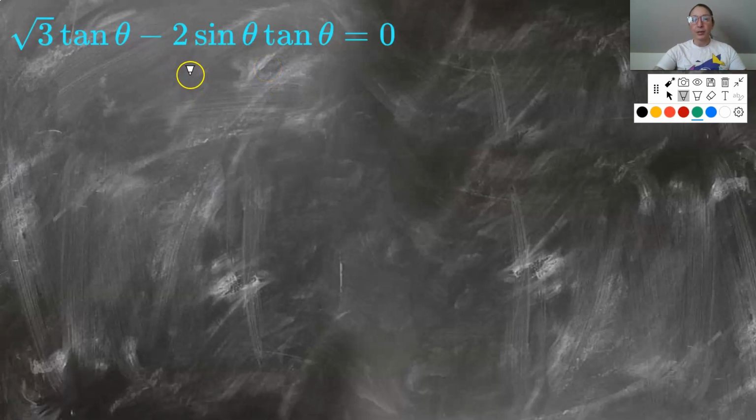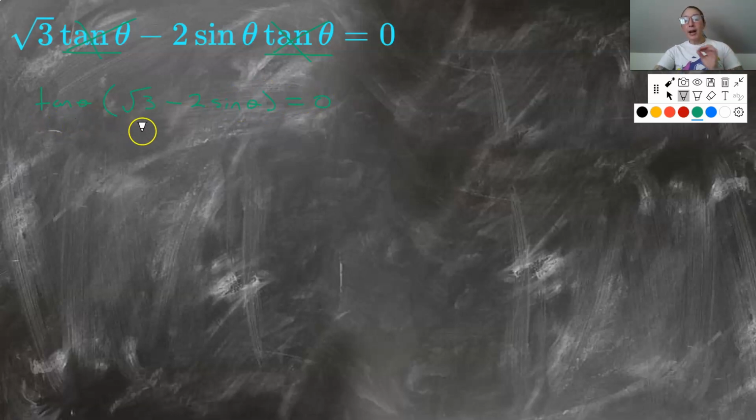But what I can do, I notice there's a tan theta in this term, and I notice there's a tan theta in that term. I can factor out tan theta out of both of these terms. I take it out of the first term, so I'm only left with root 3, and I take it out of the second term, so I'm only left with minus 2 sine theta equals 0.